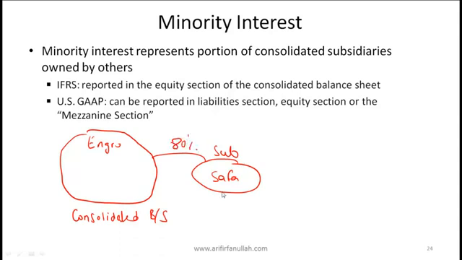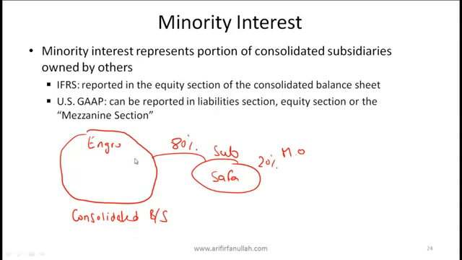That means that 20% is still owned by the original Safa family, or the people who started this company. So that 20% is still owned by what's called the minority owners. 80% is owned by Engro.